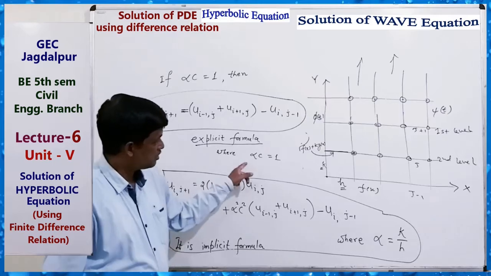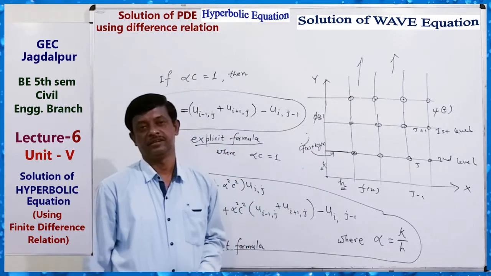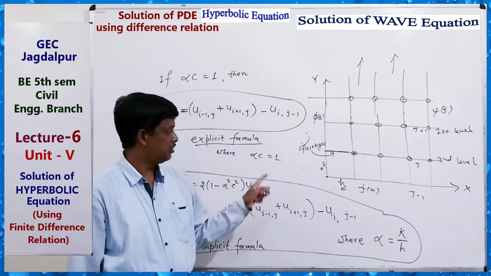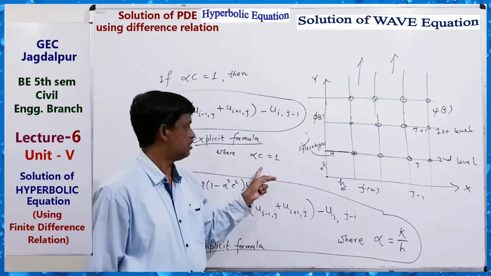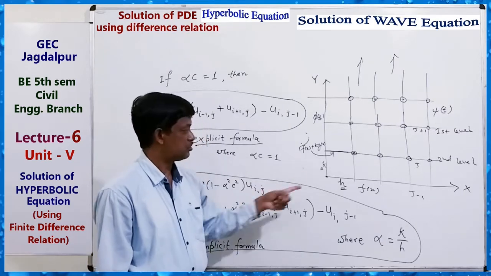By using alpha c equals 1, we can decide the values of h and k, because c is given in the equation, so just put the value of c, and alpha equals k by h.